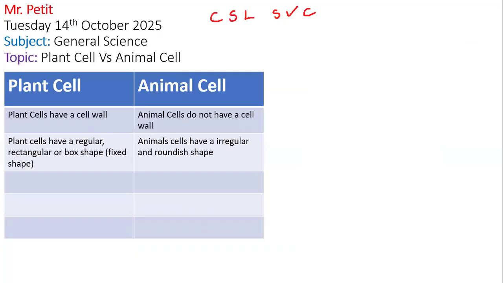It doesn't have that structure keeping it rigid, right? It has an irregular roundish shape. It could move, it could change. But plant cells have a fixed shape. Once it's set, that's it. It ain't gonna change.